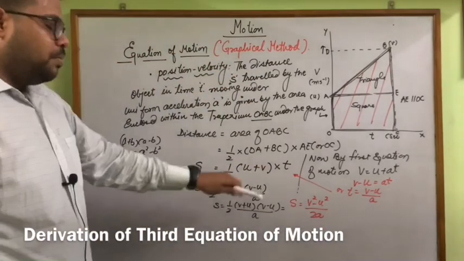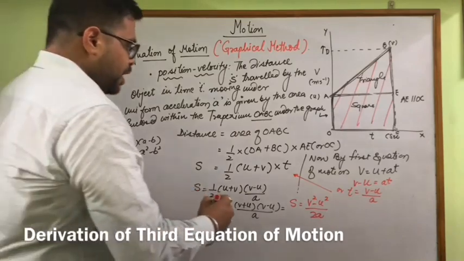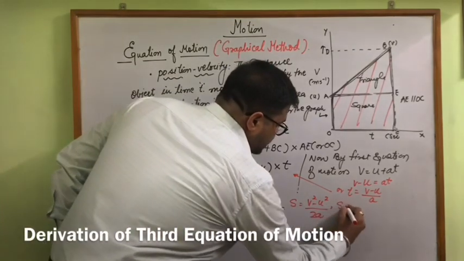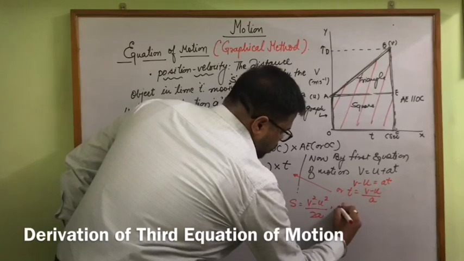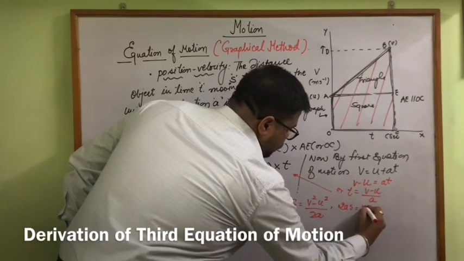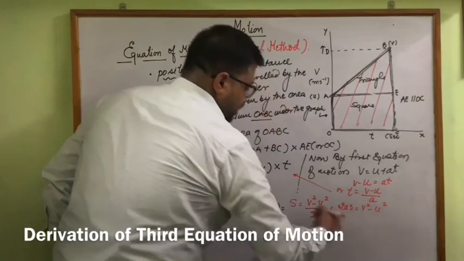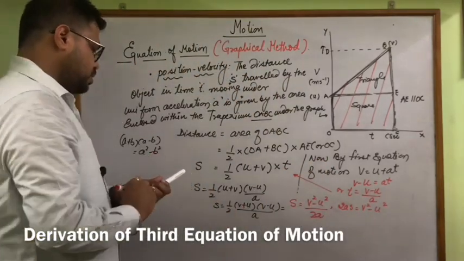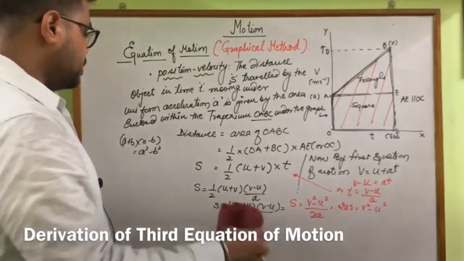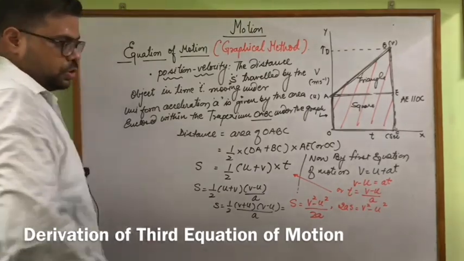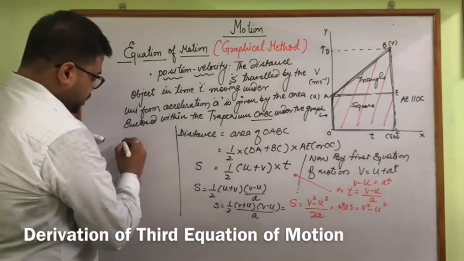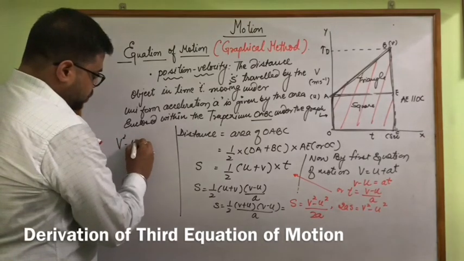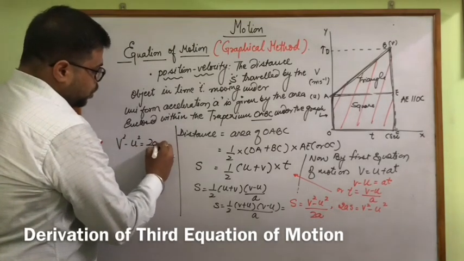Now by cross multiplication we can write 2as equals v square minus u square. And now we can write the same thing as the third equation of motion: v square minus u square equals 2as.